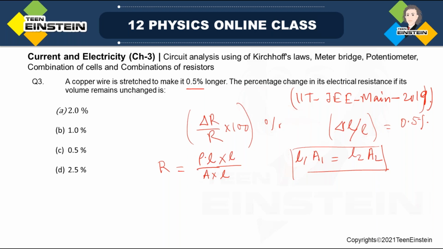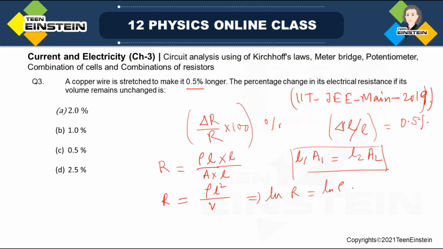length both in the numerator and denominator so that there is no change in the expression, but it looks like this: rho L square by V. V is constant in both the cases, so I have got an expression for this. Now see, if I take logarithm, let us take ln R, so rho and V are constant, right?